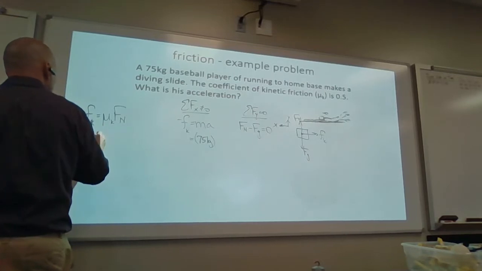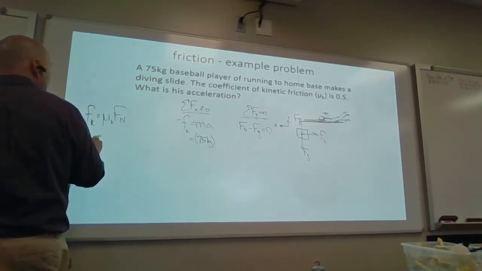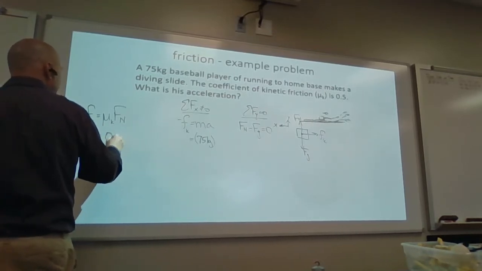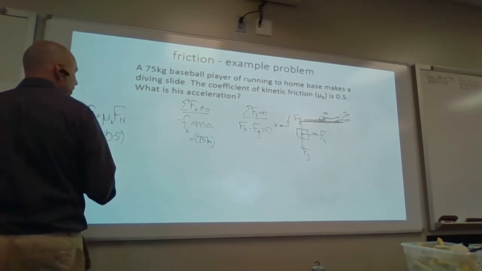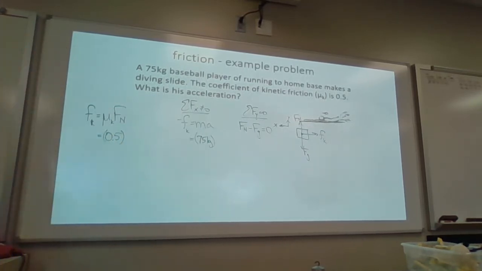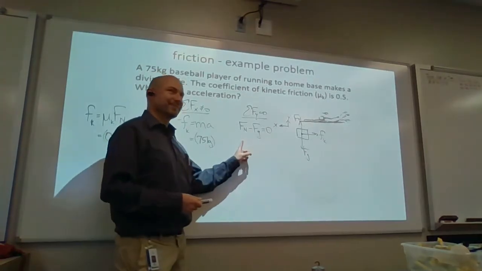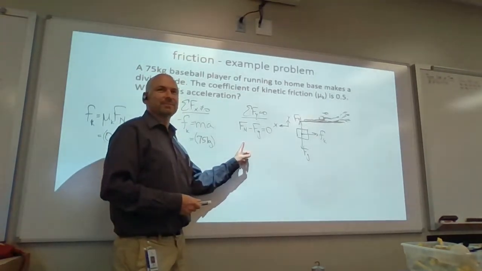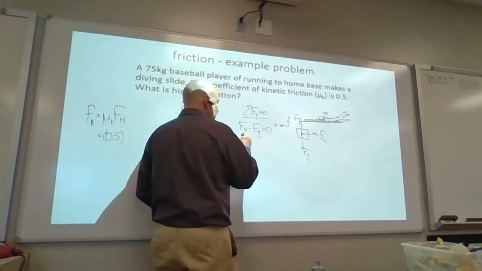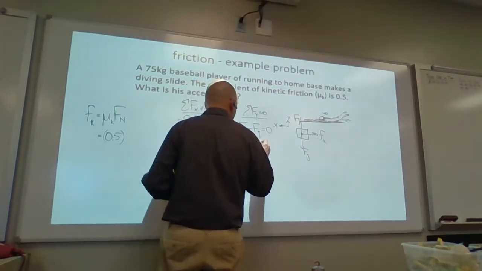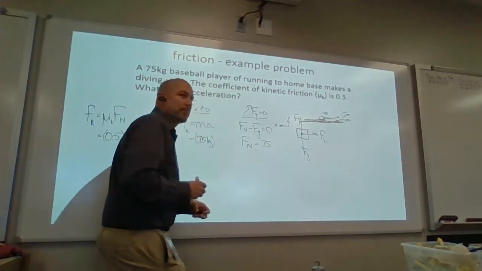So I've got 0.5, but I need normal force. Where are we going to find normal force? So that's equal to the force of gravity. So can I say normal force is equal to 75?